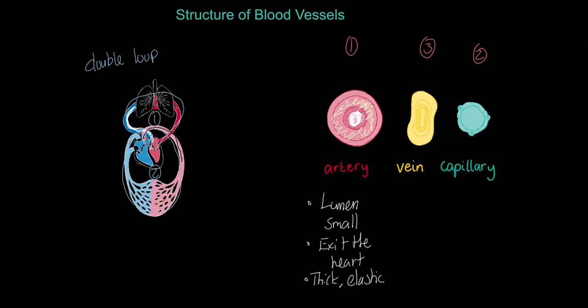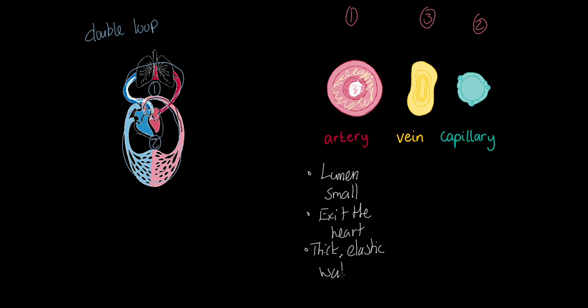For now, I'm not going to get into the exact structure of these. Why would that be? Well, they're muscular, they're flexible, they can expand. That is because the heart is a really forceful pump, and our arteries are close to the heart. They're the first exit points. Therefore, they have to be elastic, strong and thick to resist that force.